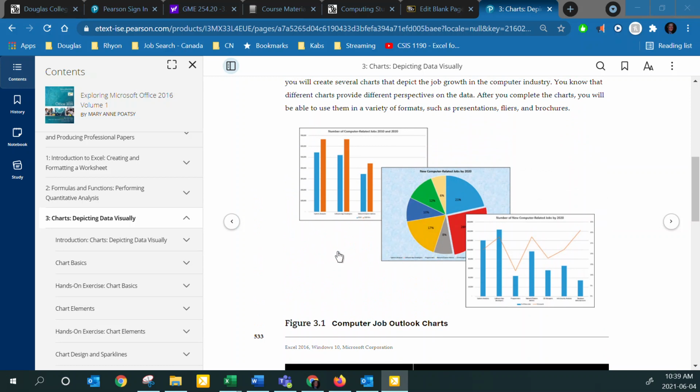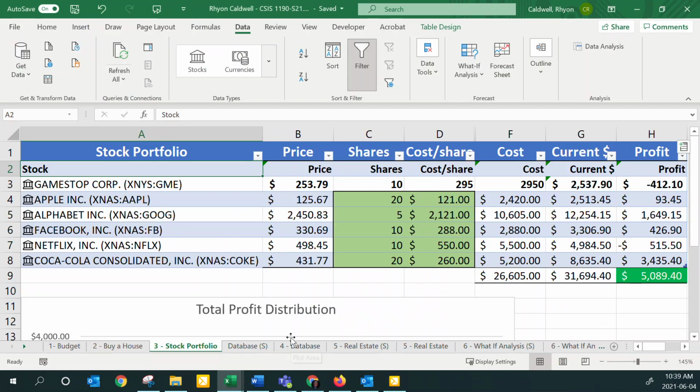It's so important because when we look at just raw numbers, sometimes it doesn't help us get a clear picture. For example, today's example in our class that we're going to be building is what they call a stock portfolio. I've selected this example to encourage students to try this, because I think everyone can benefit by understanding what a stock portfolio is and how Excel can help in managing one.